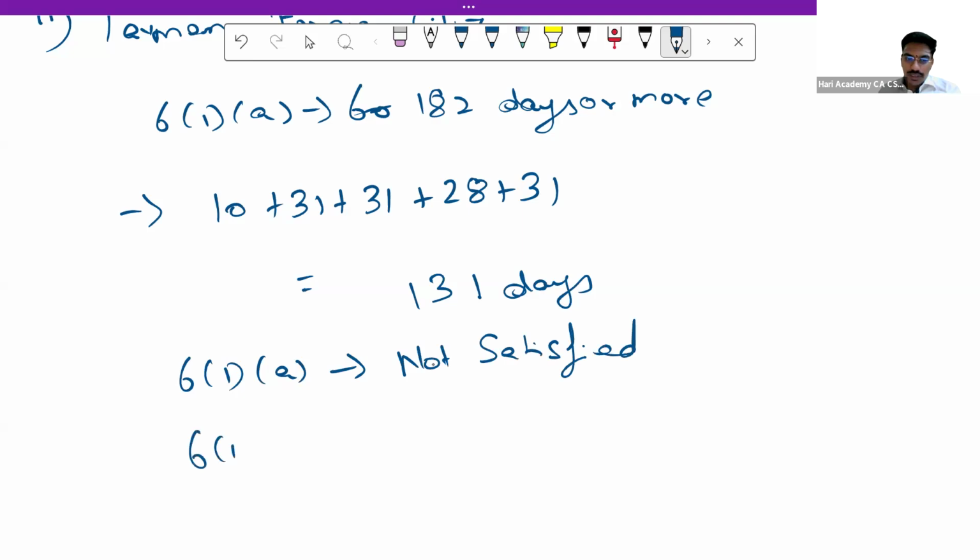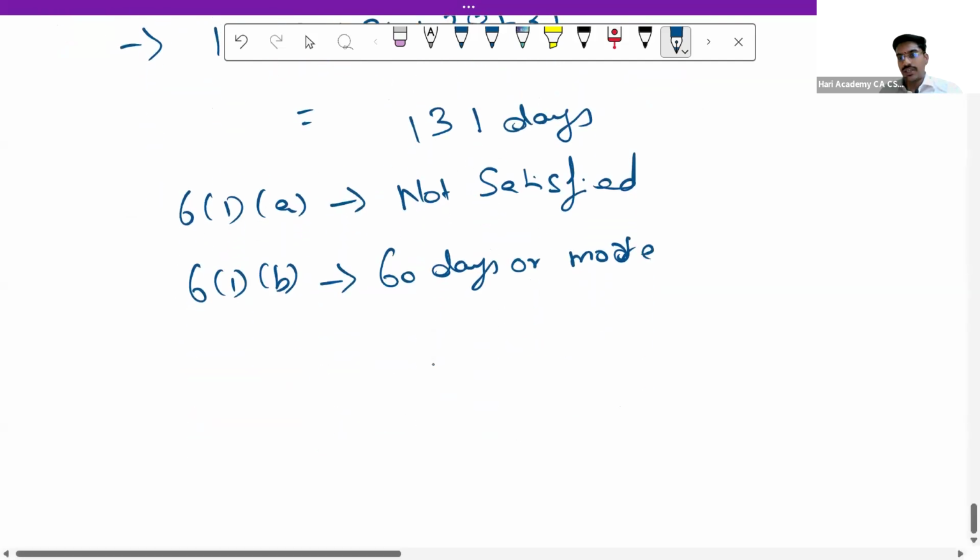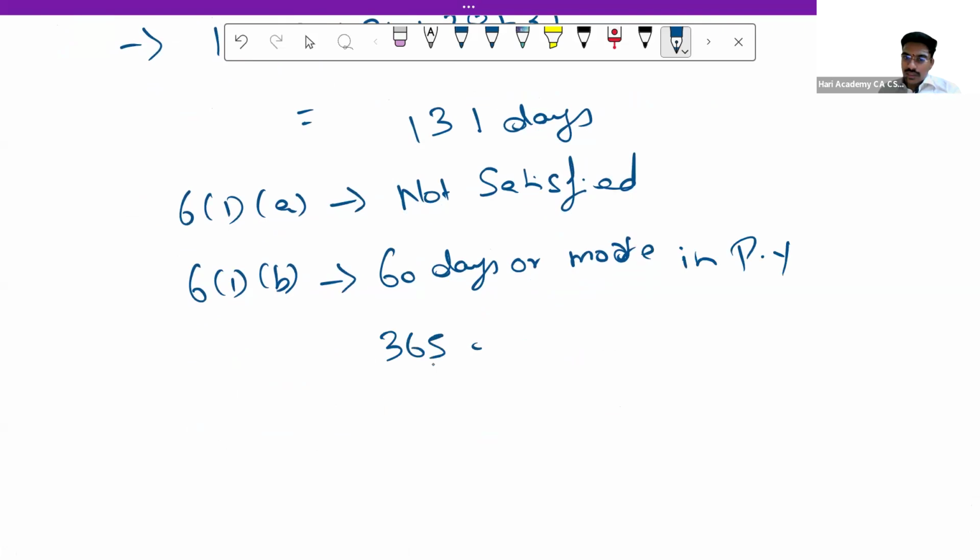Next is 6.1b. The condition is 60 days or more. He is not an Indian citizen, so the 120 days rule is not going to apply. It requires 60 days or more in the previous year and 365 days or more in the preceding 4 financial years.